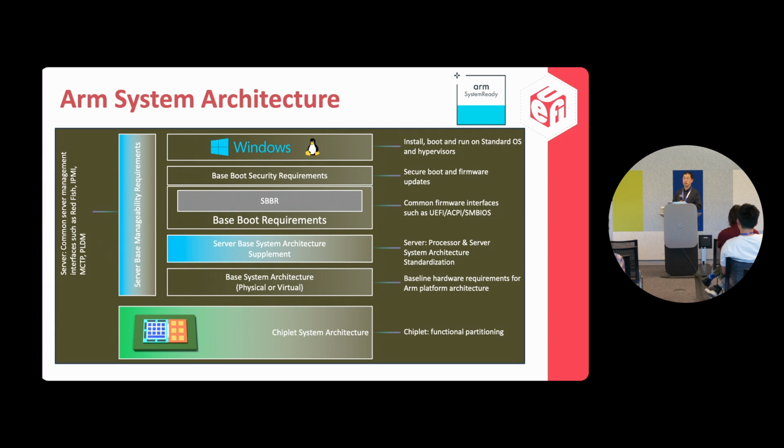I have another diagram later on to show you that. So we didn't want to spell out what SBBR really means. It's really just, if you think about it, anything that requires ACPI that the OSs are expecting, that is SBBR.